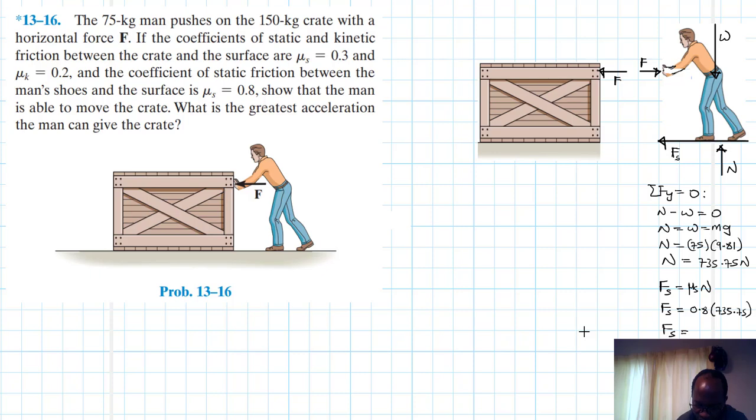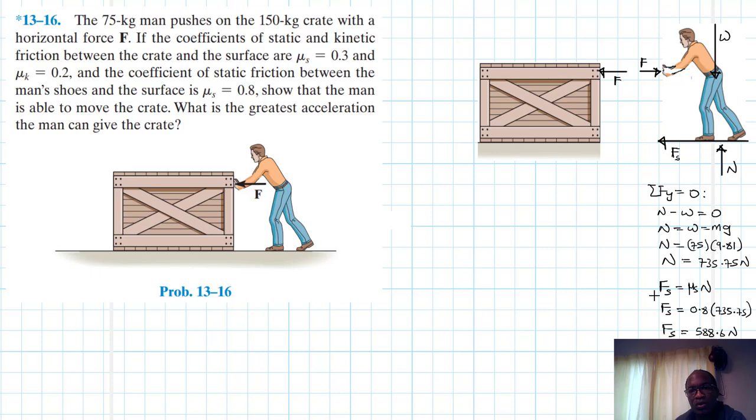This gives us 588.6 newtons. That is 0.8 by 75 by 9.81, which is 588.6. That is the maximum force that the man can exert on the box before he begins to slip.